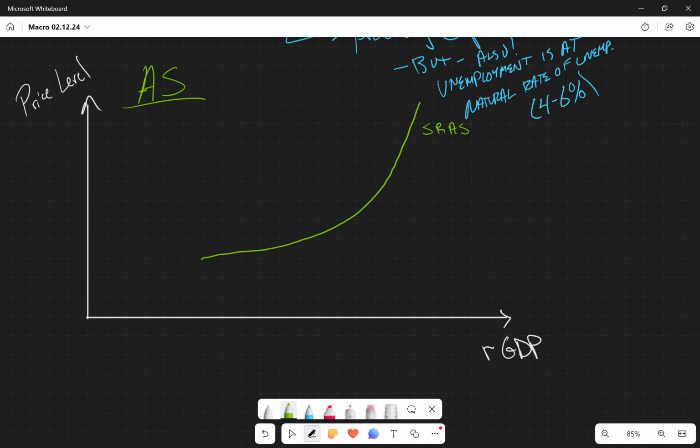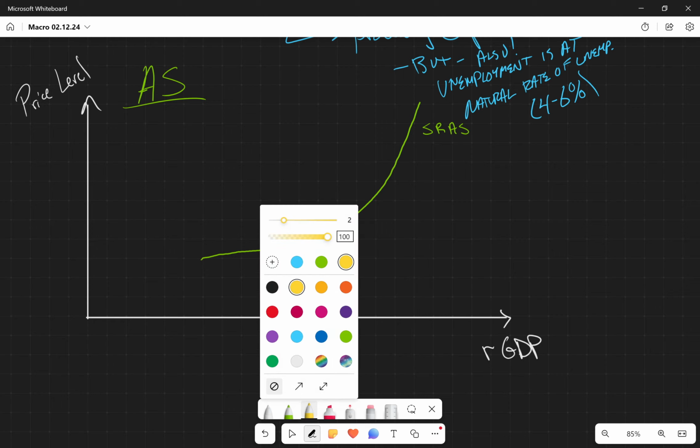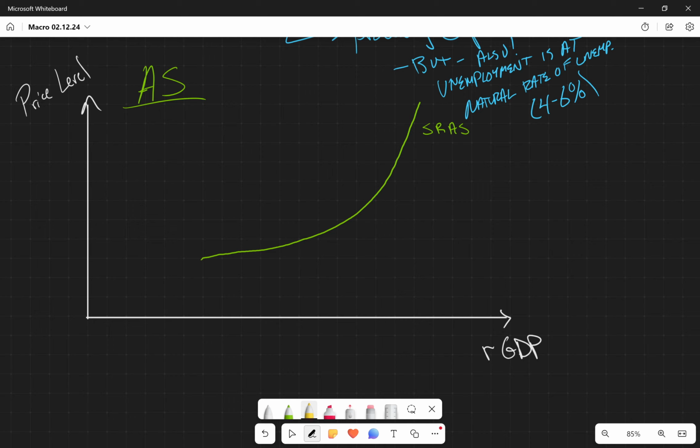So alongside the short run aggregate supply, we have something called a long run aggregate supply curve, which is also known as the potential GDP curve. And that is always going to be a straight line.